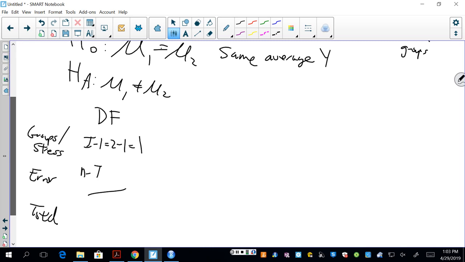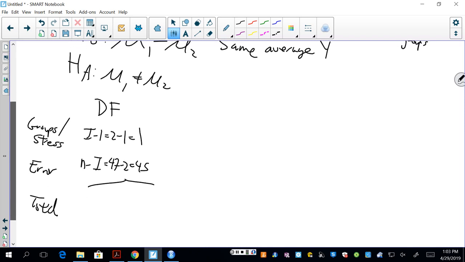Error is n minus the number of groups, so 47 minus 2 is 45. If we had another row, which R doesn't give, it would be n minus 1, so 47 minus 1 would give us 46. And the sum of squares, these things would be computed or given to you, right? So there are different ways of thinking about filling in a table.